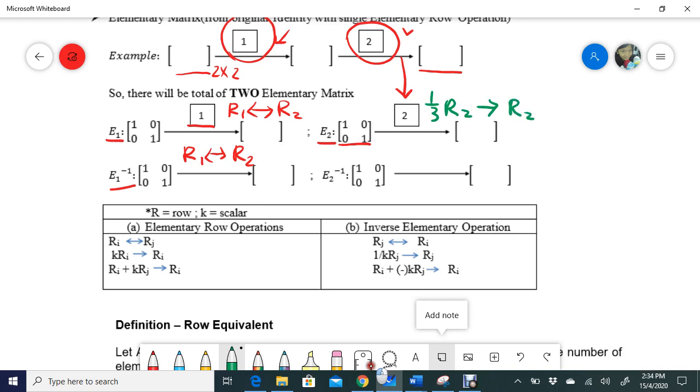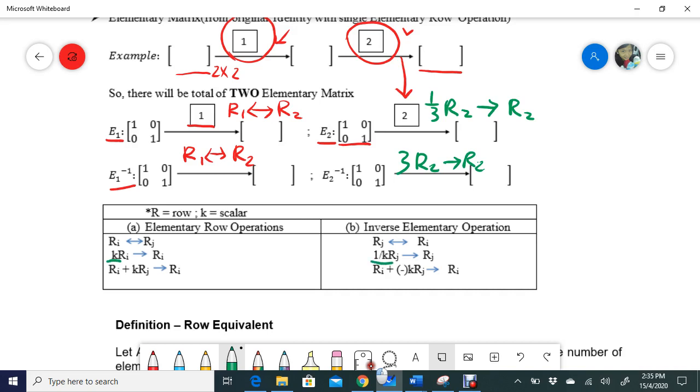What will your inverse elementary matrix be? It will be 3R2 goes to R2. Because if your elementary row operation is k, your inverse will be 1 over k.